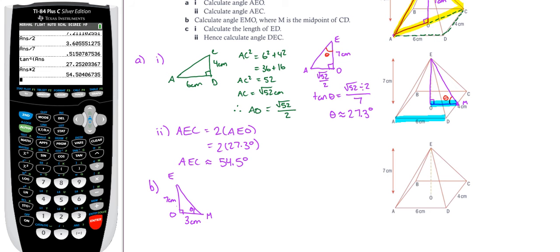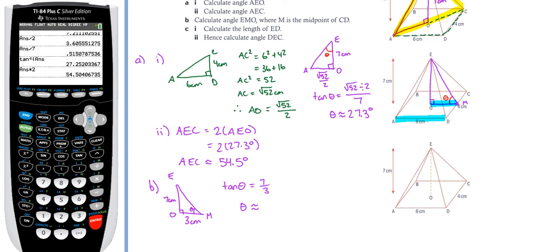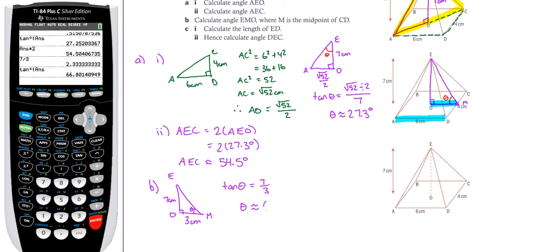I have an unknown angle, I have the opposite and adjacent sides. So tan theta is 7 over 3, which means that theta is going to be about 66.8 degrees. Okay, so that one wasn't so bad.